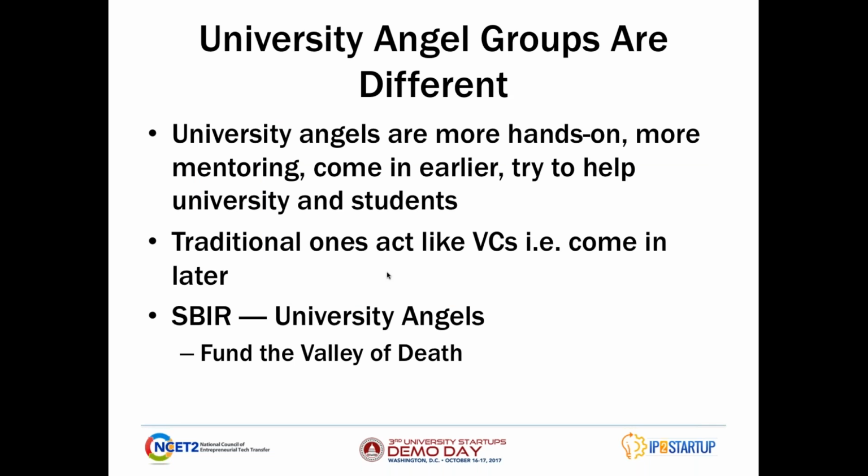Nobody wants to lose their money because this is not part of their philanthropic money. This is money that they're investing, but they have more of a tolerance for helping in the longer term. Whereas traditional angels are acting more like VCs and coming in later, and so this gap is basically opening up.